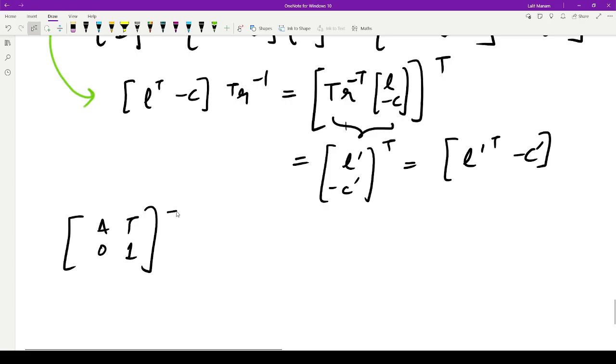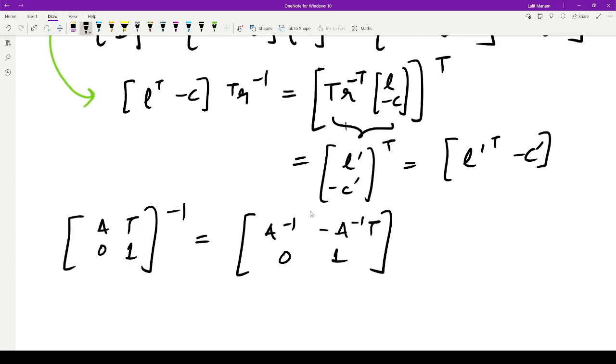The inverse of this matrix looks like what? So the first part will be A inverse. The second part will be minus A inverse t. This will again be 0, comma 1. You can just cross verify that multiplying this and this will give you identity. Okay.